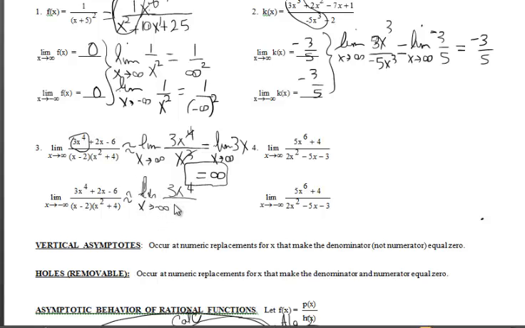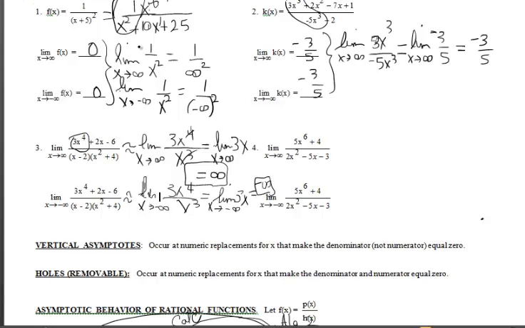In the denominator, we have x cubed again. Okay, simplifying results in 3x. Inserting negative infinity, the answer to this limit question is negative infinity.